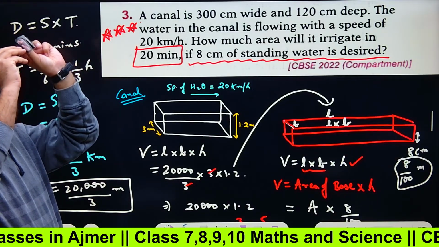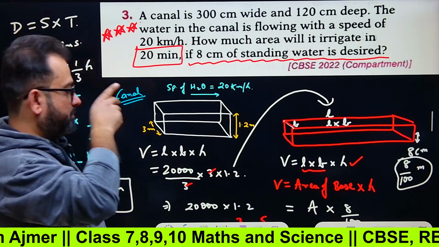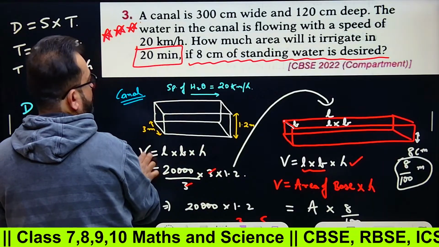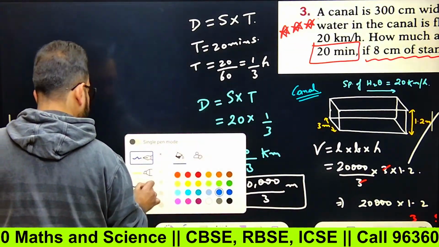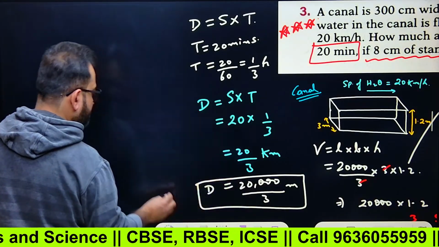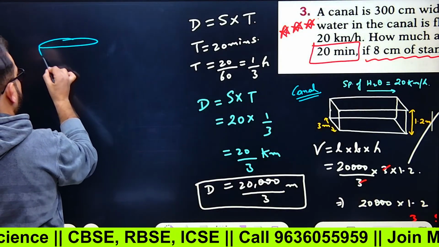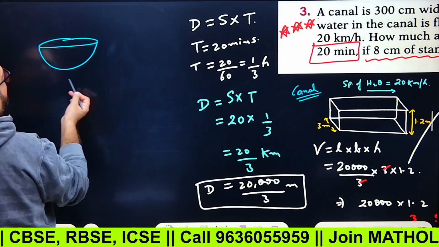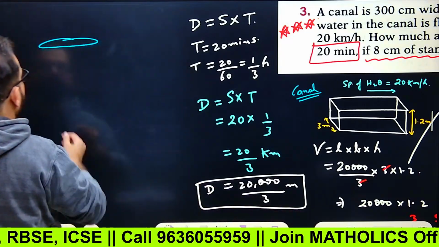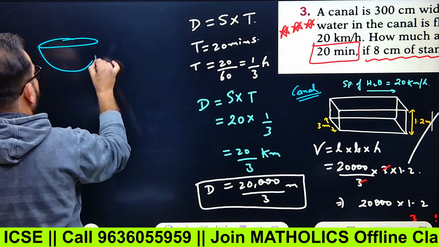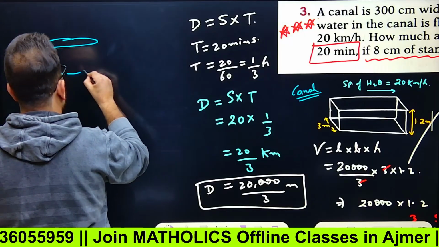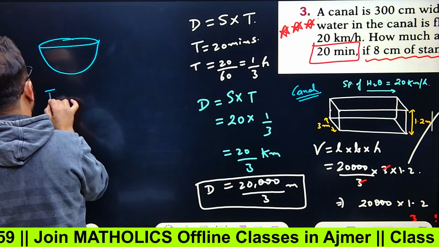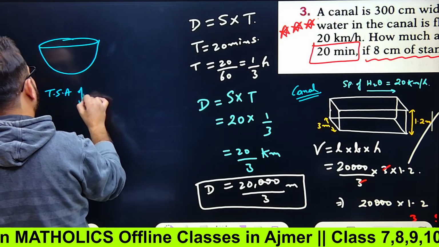Now see, there is a formula. Say this is a hemisphere, okay? We have been asked, what is the total surface area of hemisphere?